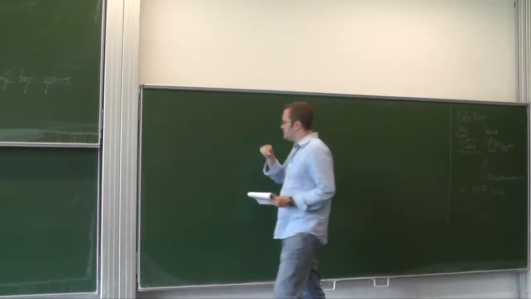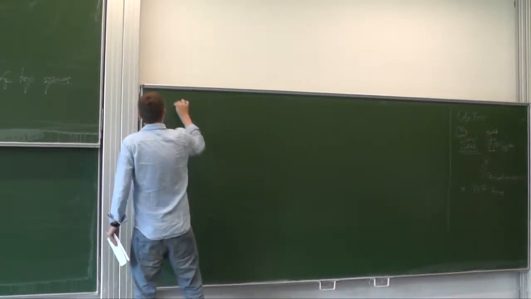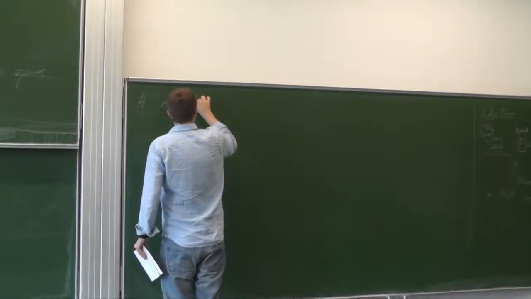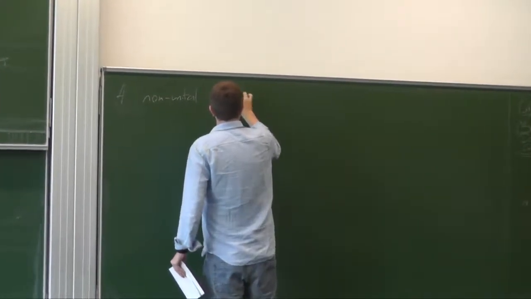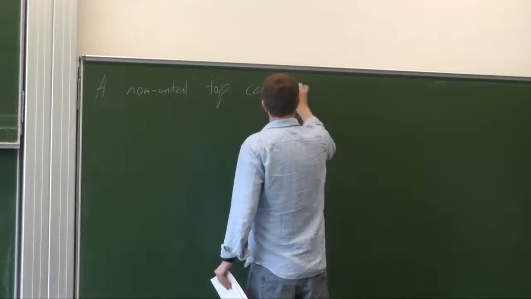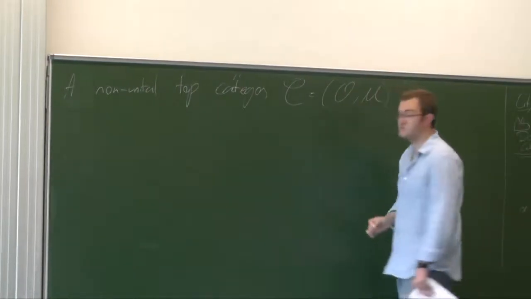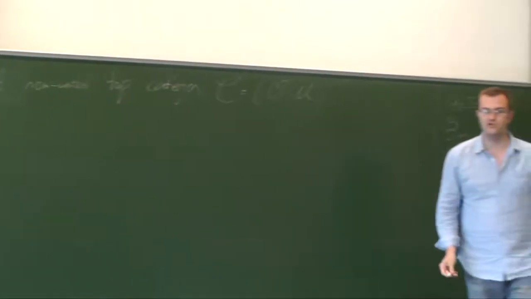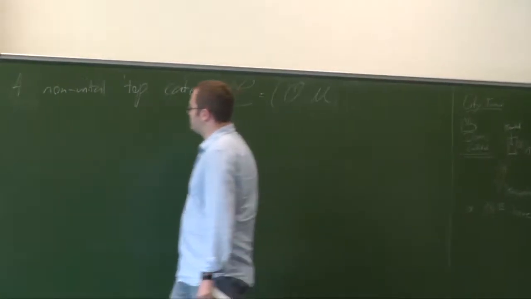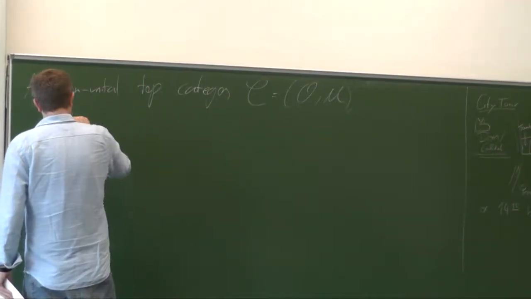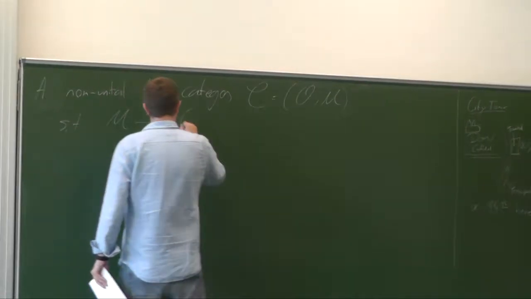That's fine. And the way I want to do that is as follows. So a non-unital topological category C is a pair of spaces called O and M for objects and morphisms, and a load of maps. You have maps called source and target from the morphisms to the objects.